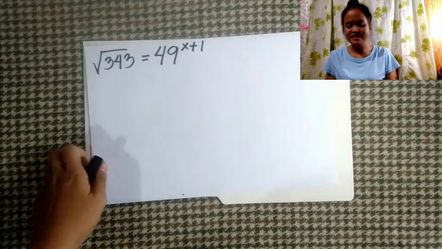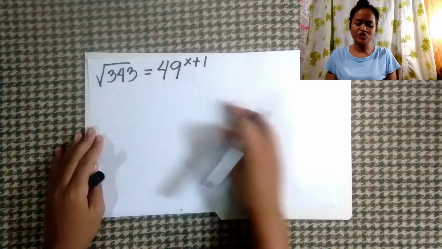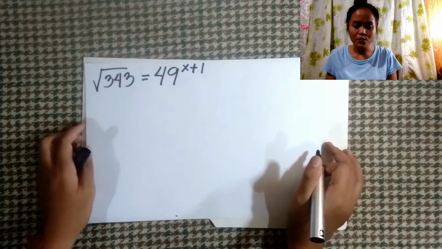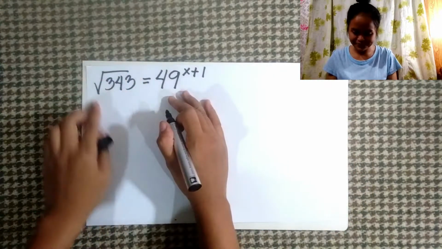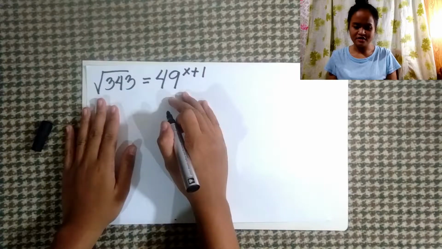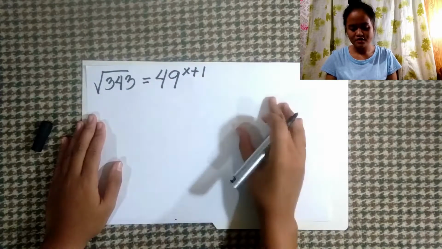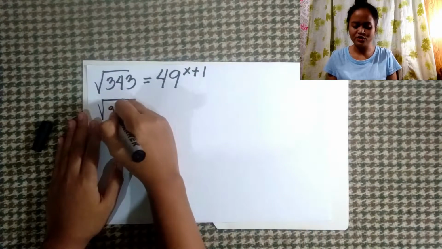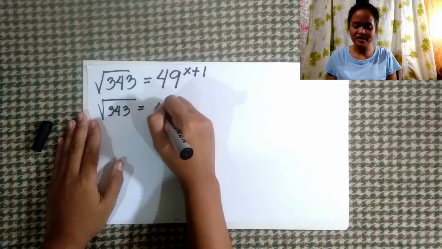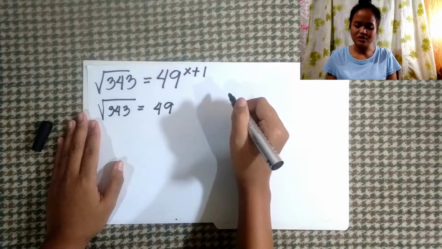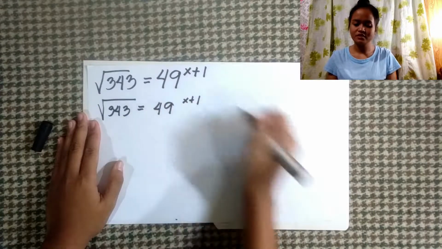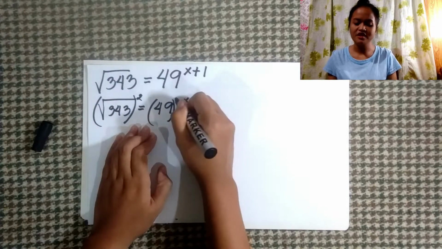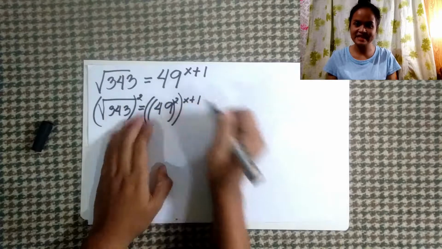So as for our last example, square root of 343 equals 49 raised to x plus 1. So we have a radical here. What we're going to do now is square both sides of the equation, because squaring both sides of the equation means canceling the radical.